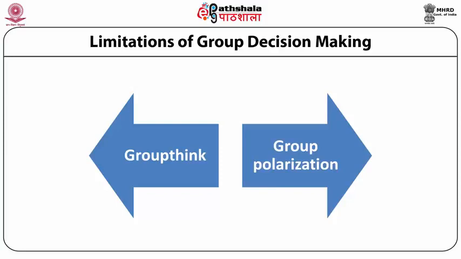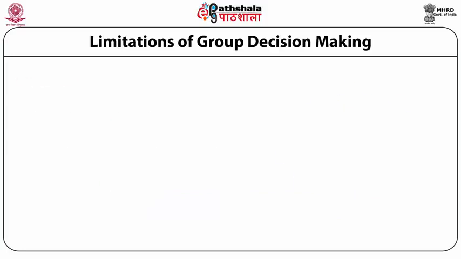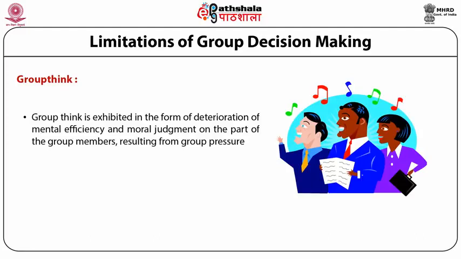Let's find out what are these two. Now, groupthink is a term which is exhibited in the form of deterioration of the mental efficiency and moral judgment on the part of the group members resulting from group pressure.